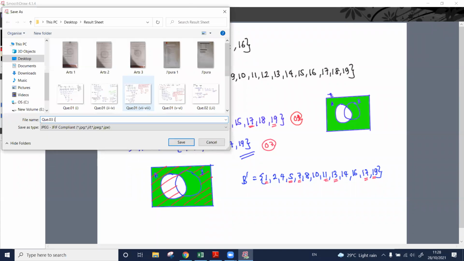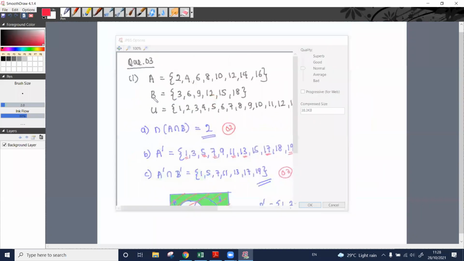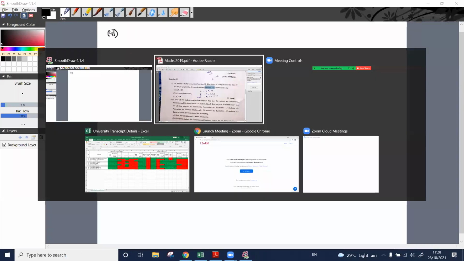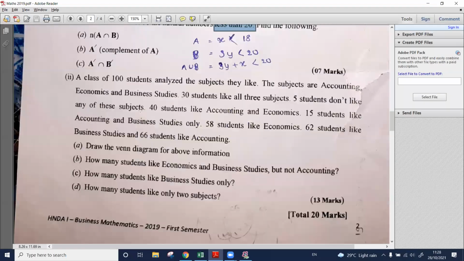Section number 3, part 1. Part 2. Again, it is regarding set theory, Venn diagrams. A class of 100 students analyze the subjects they like.